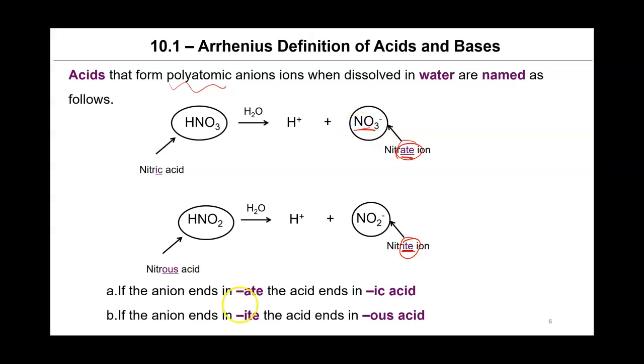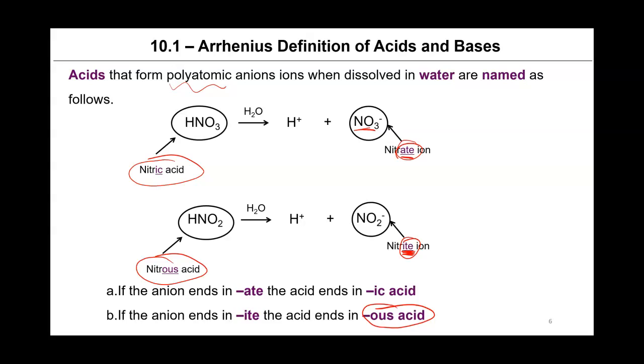And for that reason, the acid will end in ic. So this will become nitric acid. If our anion ends in ite, then the acid will be an ous acid. So the nitrite ion becomes nitrous acid.